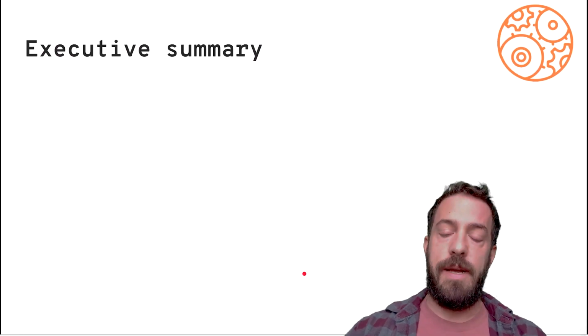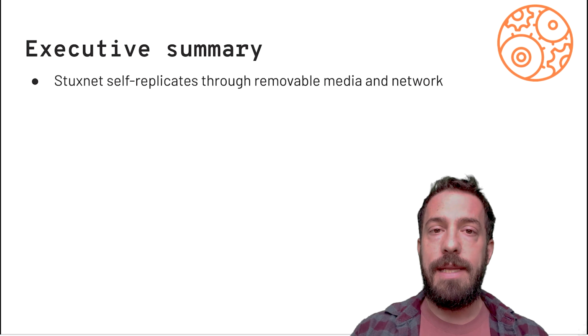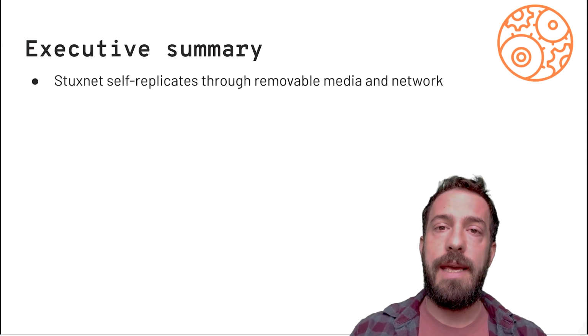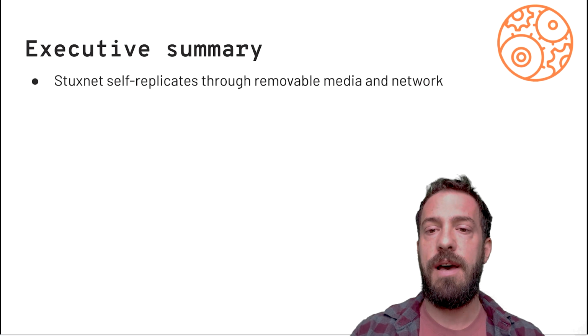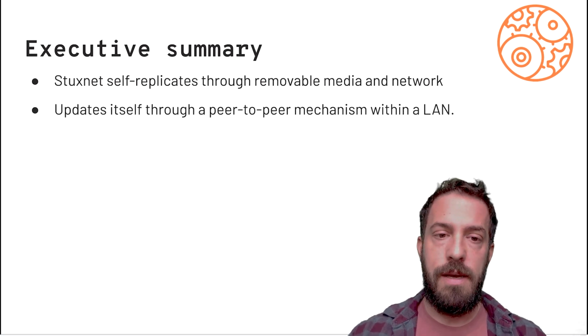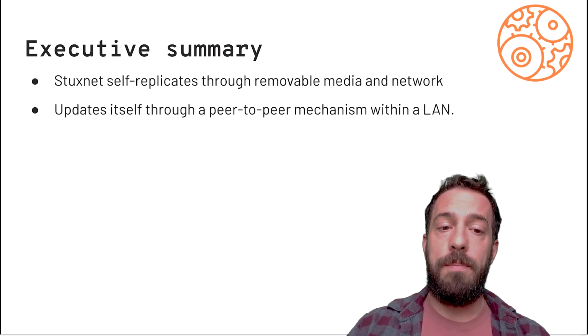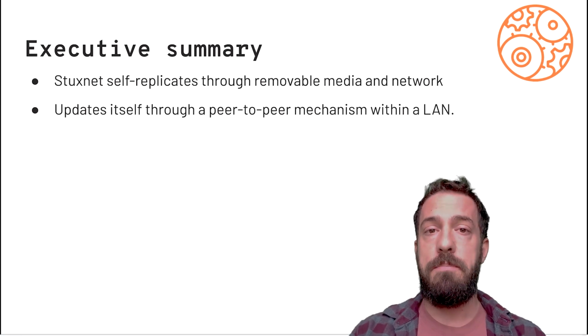Quick executive summary. Stuxnet was malware, and it replicated automatically through both removable media like a USB drive and through the network. So it used both ways to propagate. It had the ability to update itself through a peer-to-peer mechanism.